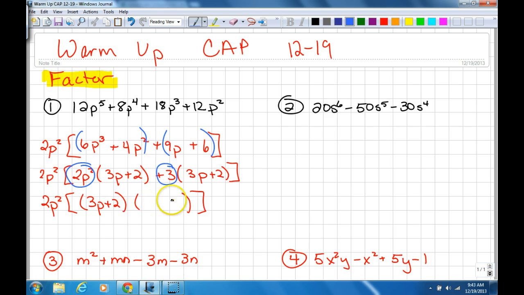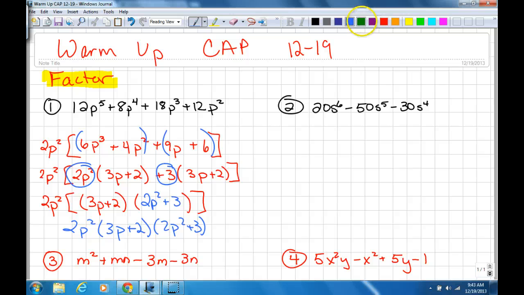Okay, so what goes in this part right here? It's 2p squared plus 3. It's what's left over here in those 2 circles. So my final answer is 2p squared, 3p plus 2, and 2p squared plus 3. And it can be in any order. Okay, that is one way of doing this.